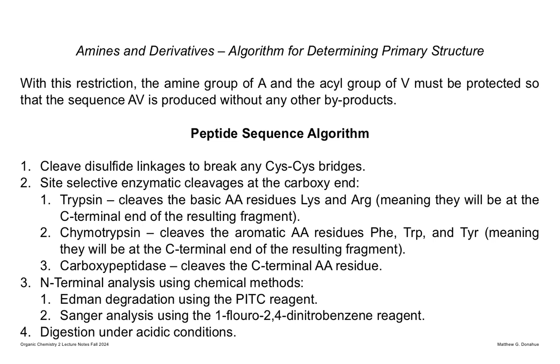For the N-terminal residue were the chemical methods using the Edman or Sanger analysis that put a tag on of known molecular weight. Then you use mass spectrometry comparing to a library to figure out just matching those amino acids. And then the least specific of everything was just digestion under HCl and refluxing water.